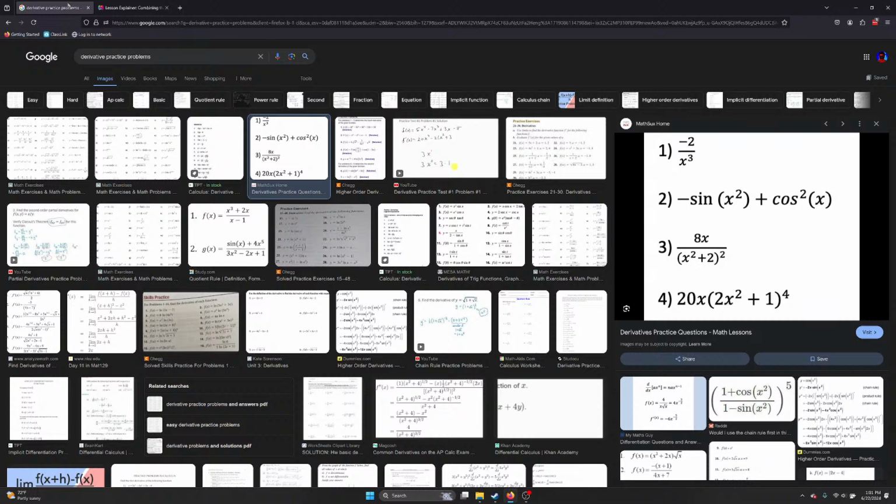Okay, so the derivative of the first one equals negative 4x squared divided by 2x cubed, I think it was.